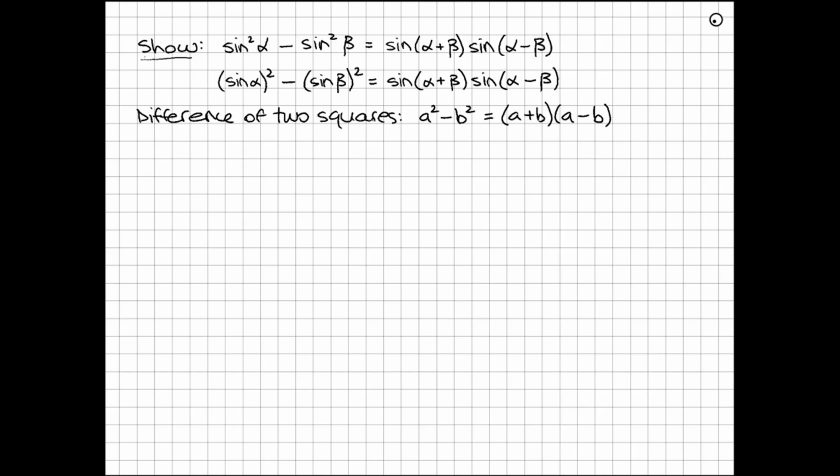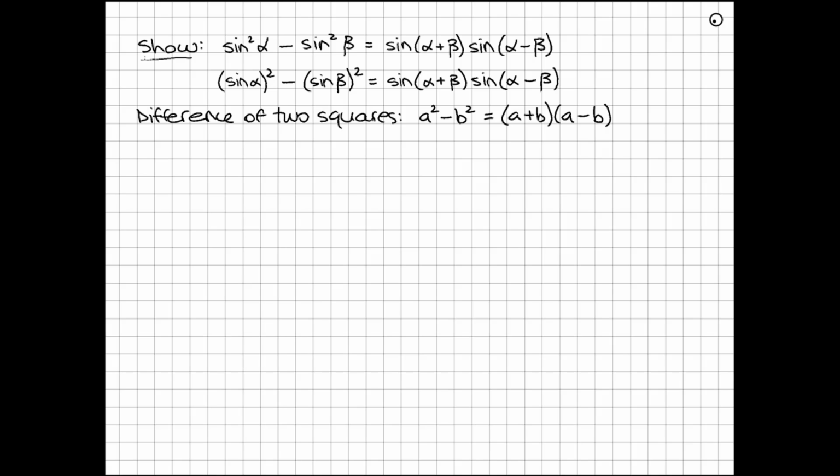Notice that the structure of that result is very similar to what we've got here. Instead of a and b, we've got sine alpha and sine beta, and then it's the sine of alpha plus beta, sine of alpha minus beta. We're effectively just putting the sine function in front of each of these components.